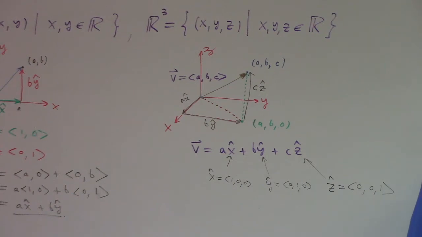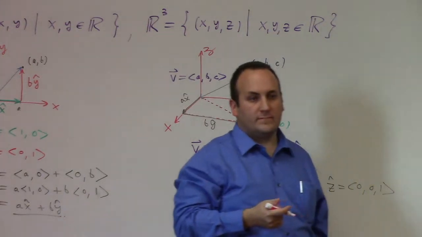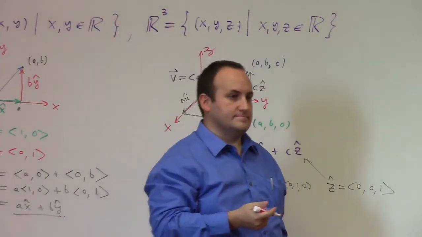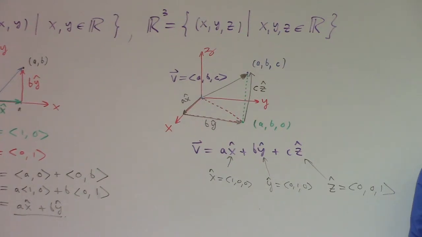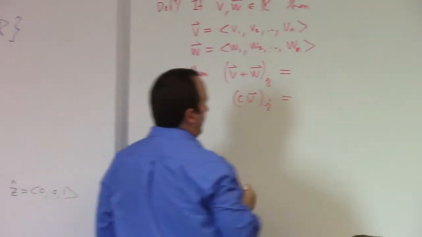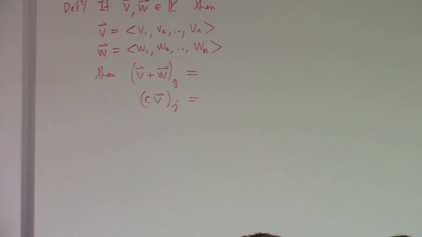Then v plus w, the jth component of that, is defined to be what? While you're thinking, what's the scalar multiple of c times v also?